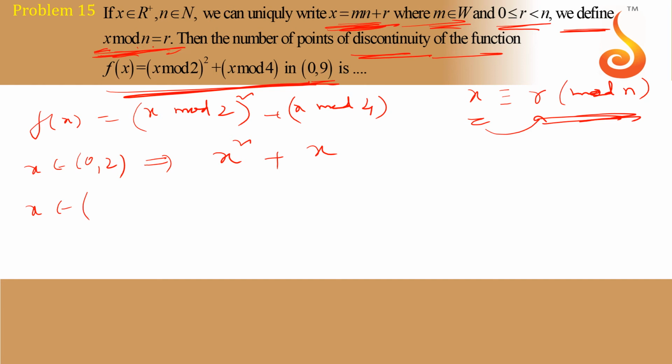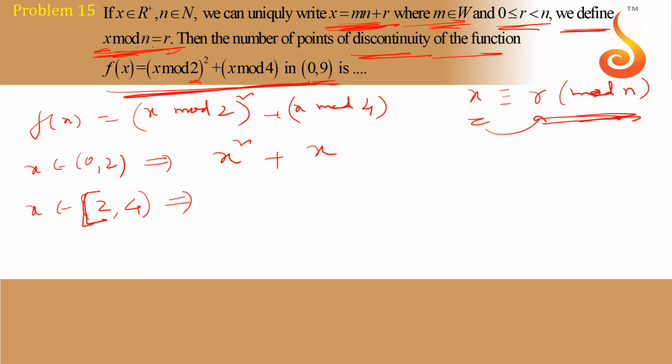Then, between 4 and 2, 2 is the least one, so I'll jump to 2. Closer to 2 I will take, up to 4 open. If I take 2, 2 mod 2 will be 0. If I take 3 and divide, what is the modulus?